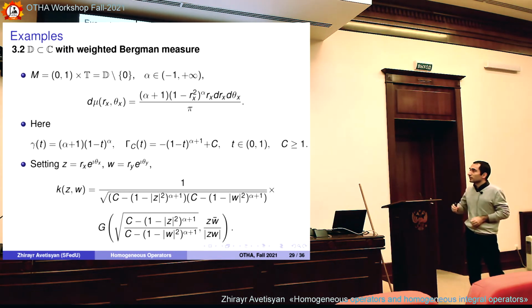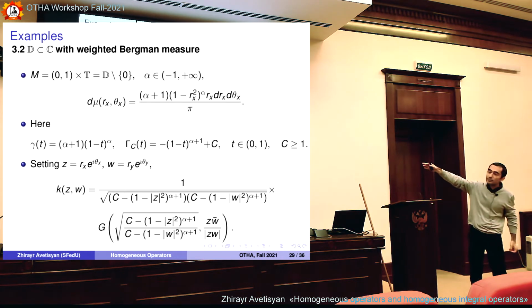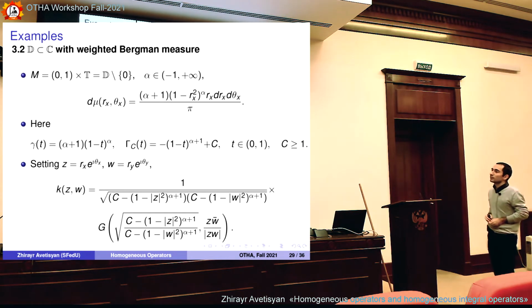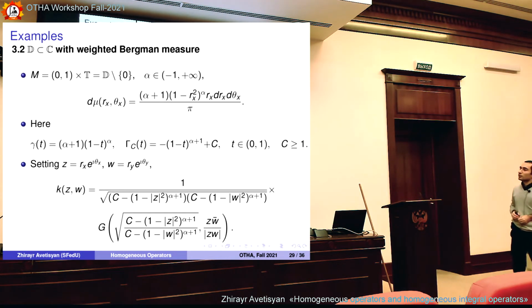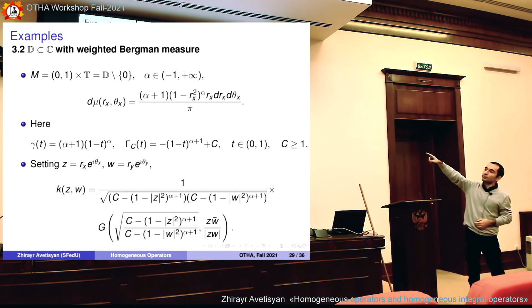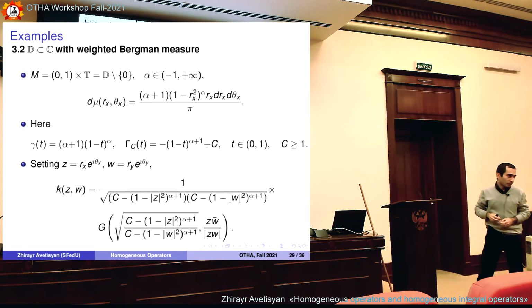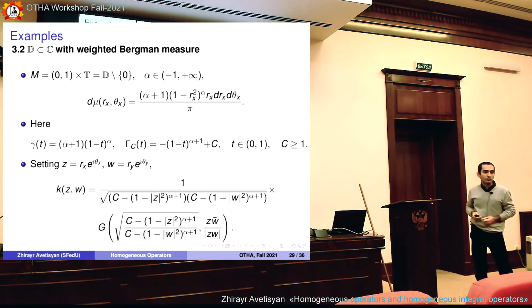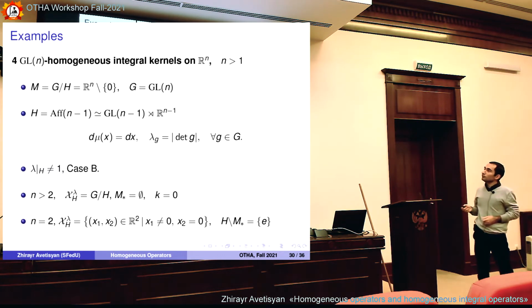And then again, you compute the capital gamma explicitly, you plug in the formulae, you get this beautiful formula for the general homogeneous kernel with respect to those dilations which transform this radial measure to something proportional to itself, right? Again, every choice of the parameter c results in a different family of such dilations. And correspondingly, you have the general formula for the kernel.